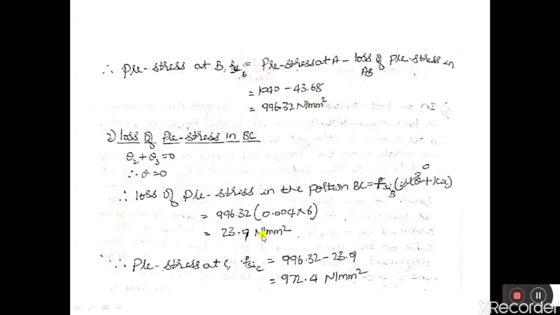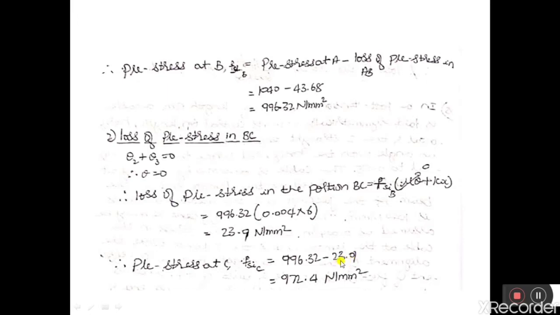Therefore the prestress at C is F psi at C, the initial prestress available at C. The initial prestress available at B was 996.32. By reaching C, the loss is 23.9.